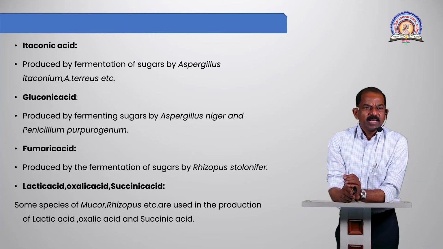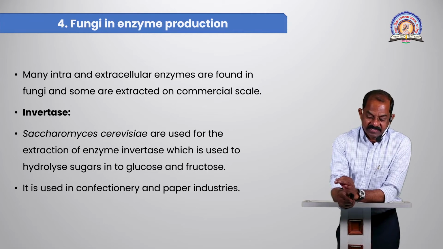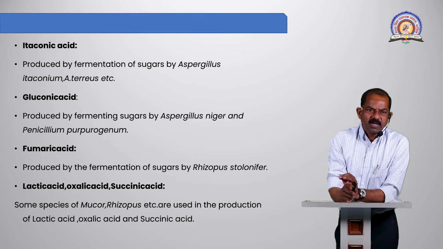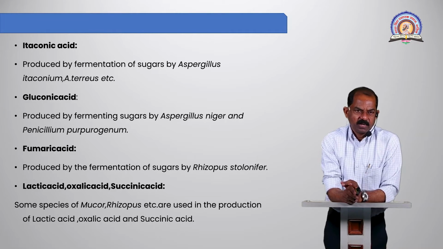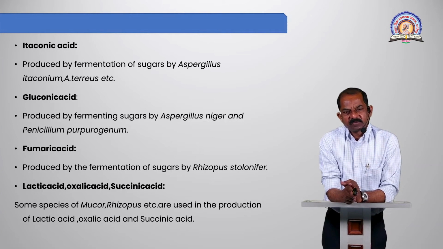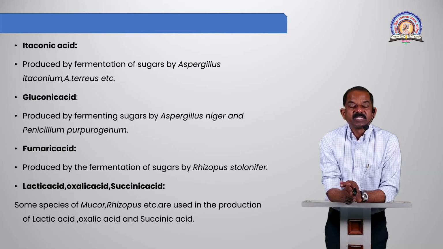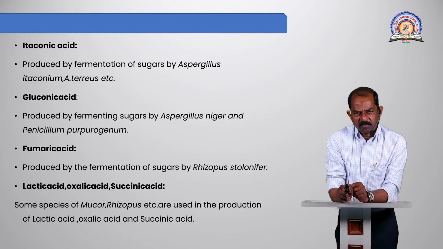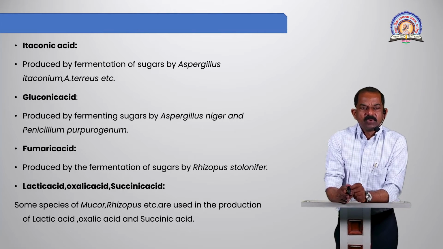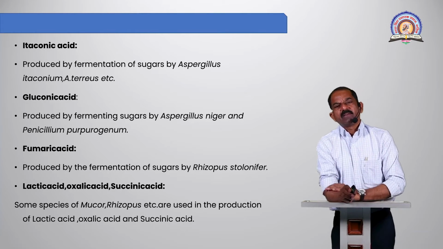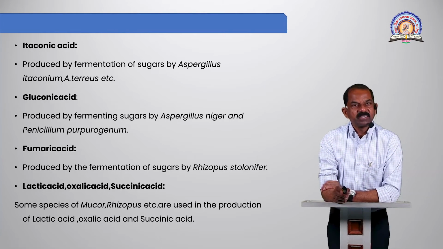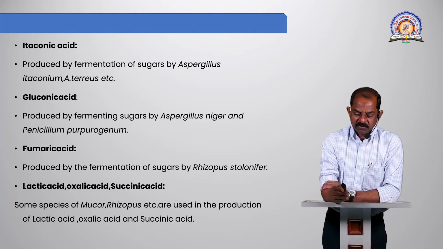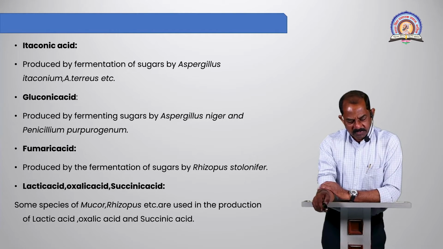Like itaconic acid, produced by the fermentation of sugar by Aspergillus itaconicus. Or gluconic acid, obtained by Aspergillus niger and Penicillium purpurogenum. Or fumaric acid, obtained by the fermentation of Rhizopus stolonifer. Or lactic acid, oxalic acid and succinic acid, also obtained from Mucor and Rhizopus, the different fungi.